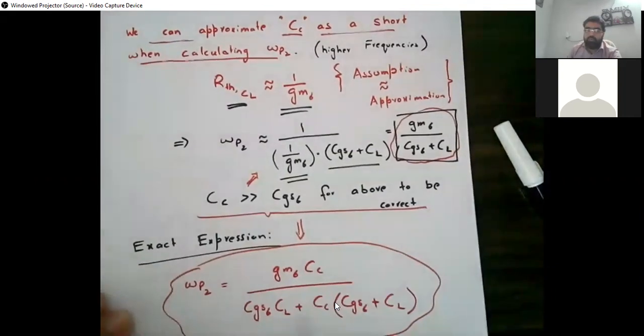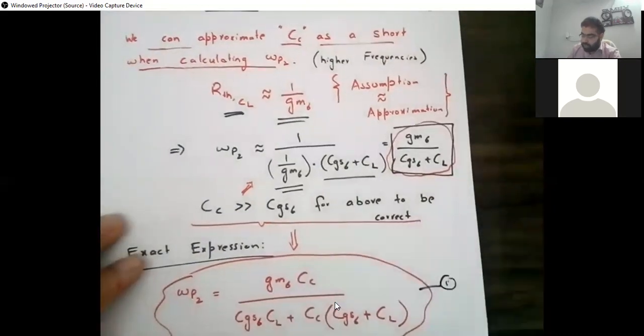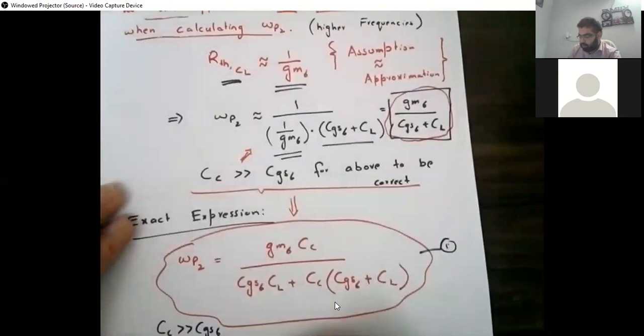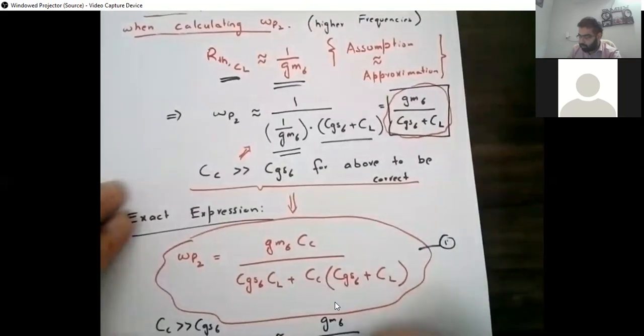The accurate expression involves CC, but if we assume that CC is very much bigger than CGS6, the accurate expression also leads to the same thing, GM6 times CGS6 plus CL. Okay.